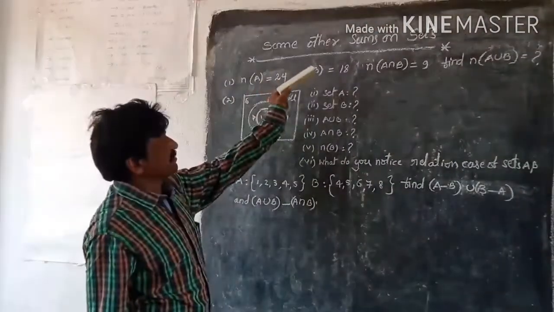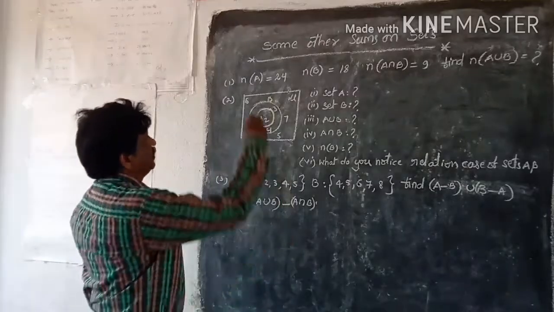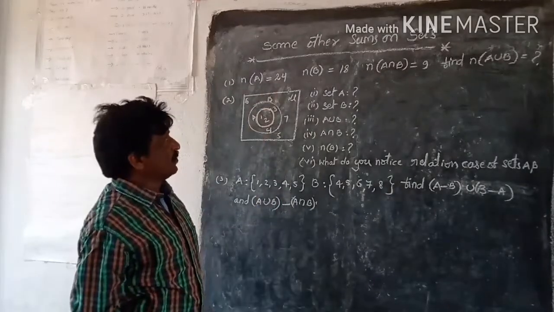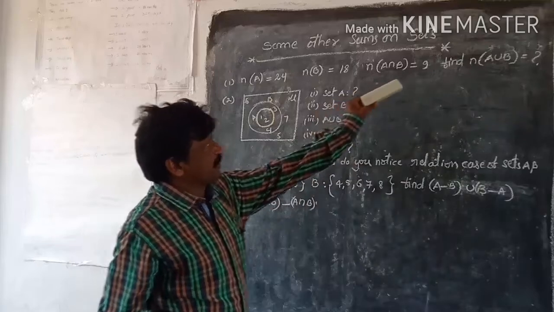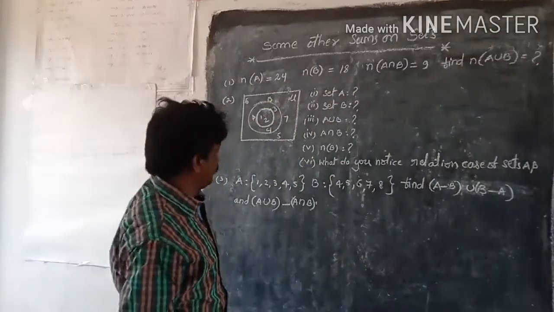Now some sums on sets. n(A) is equal to 24, n(B) is equal to 18, n(A intersection B) is equal to 9. Find n(A union B).